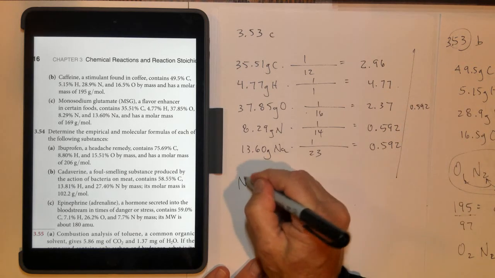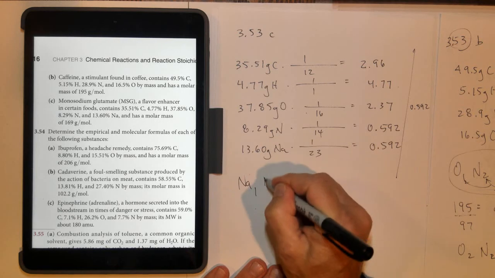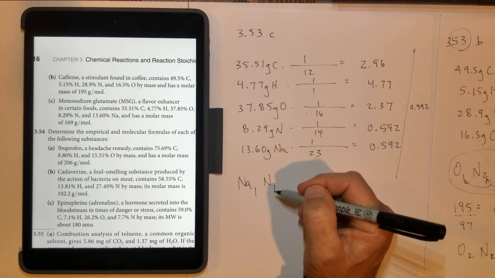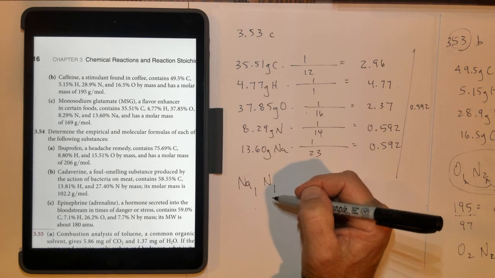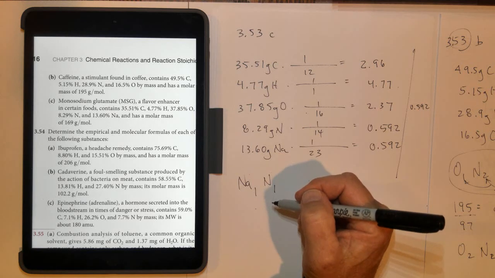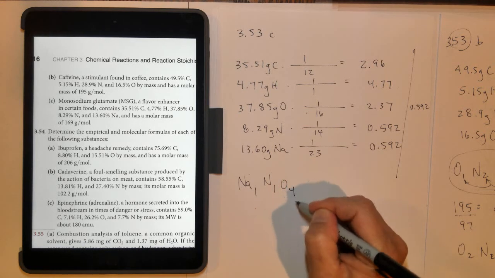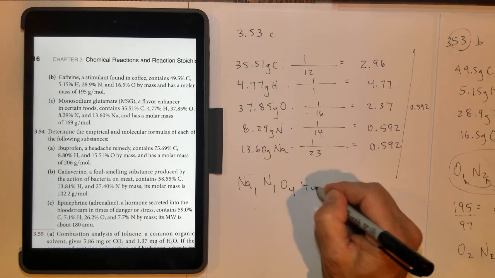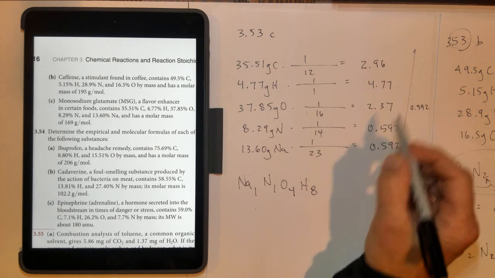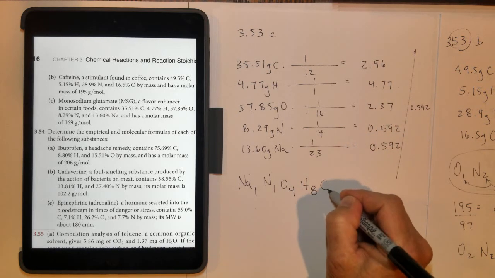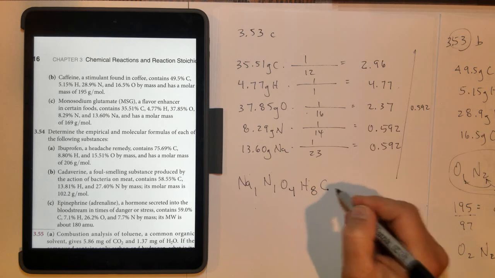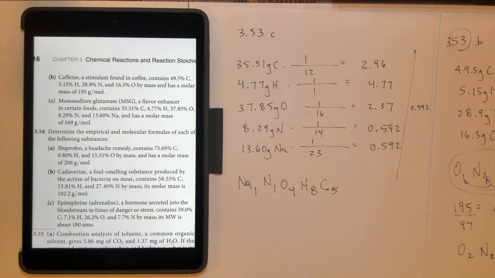We end up with sodium being 1, nitrogen being 1, and then, let's see, oxygen being 4 and hydrogen being 8 when we divide this, and then the carbon being 5, I believe, pretty close to 5.